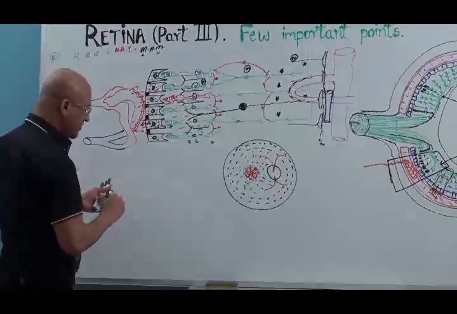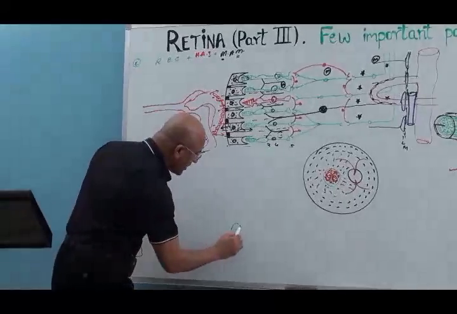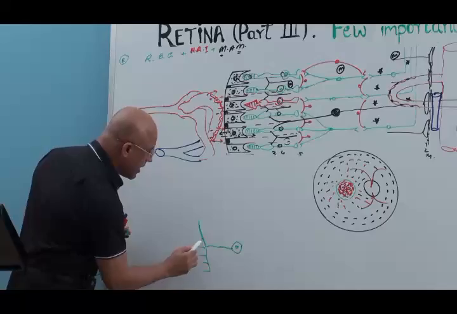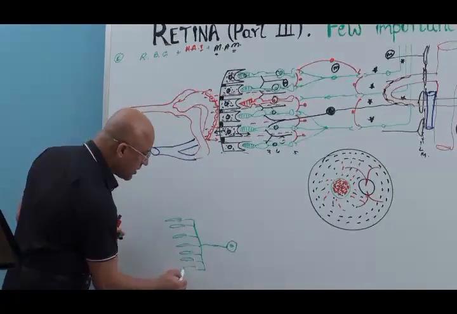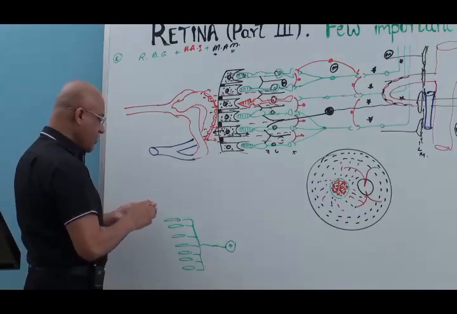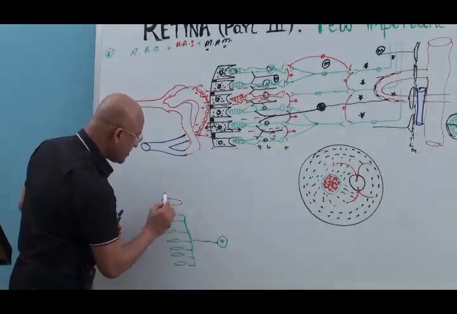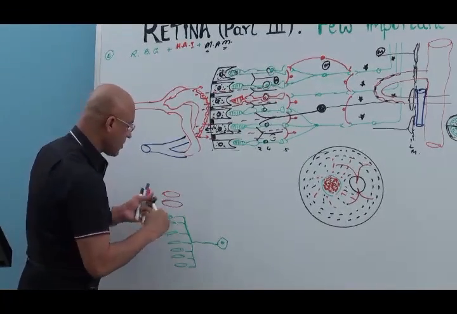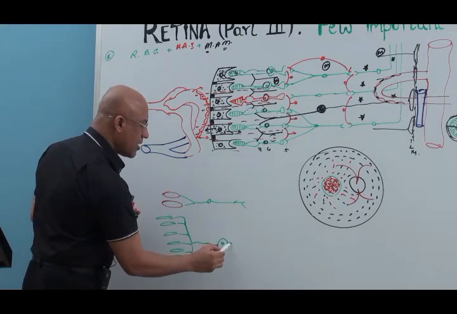As we discussed previously, let's suppose here is one bipolar cell. One bipolar cell may be connected with many rods. These are, I'm showing, rods. But in this area, maybe two or three cones may be connected with one bipolar cell.